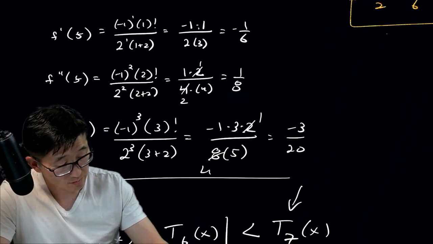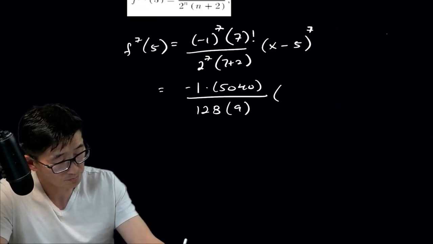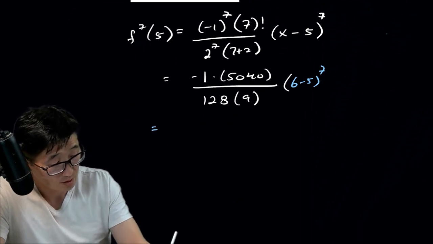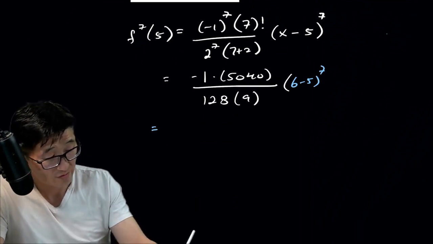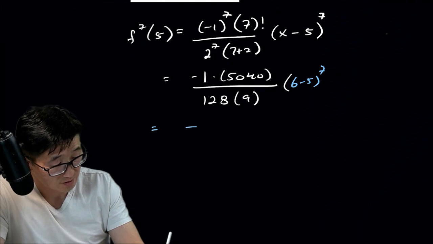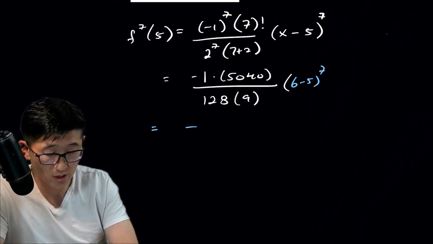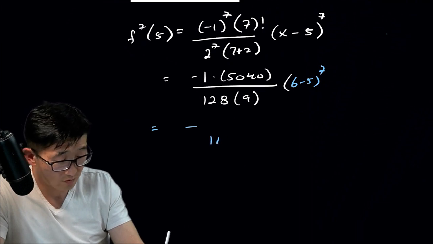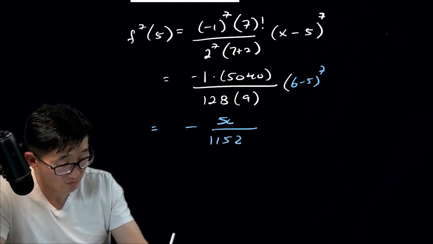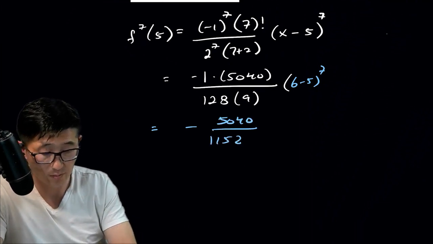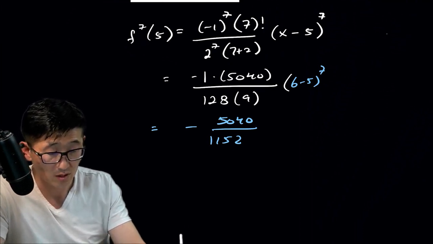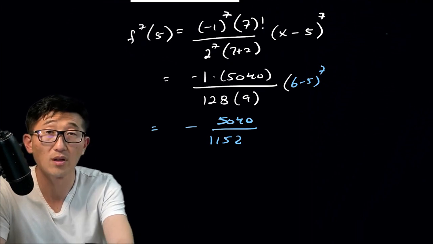So we're going to plug that in: 6 minus 5, and that just turns into 1. So what do we have here? We got negative, so 128 times 9 is 1152, and we got 5040 on the top, and 5040 divided by 1152. Okay, I think I did something wrong here.